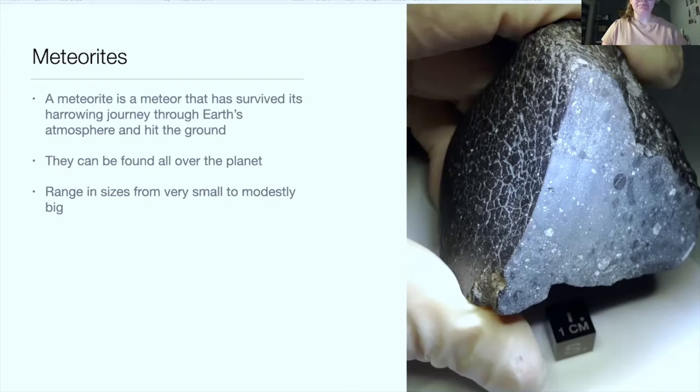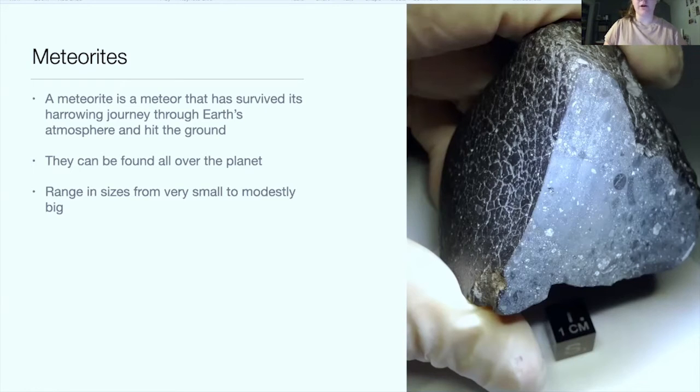And so meteorites have actually hit the ground and are showing us little time capsules of space. They can really tell us a lot about our region of space and how our solar system formed.